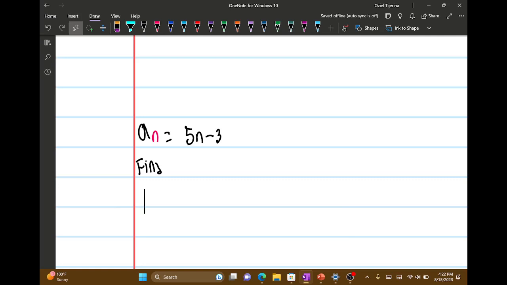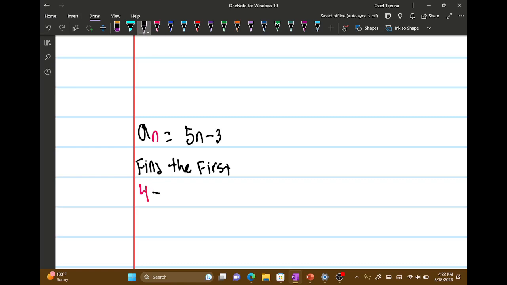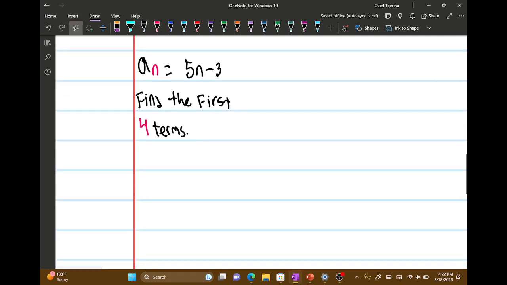So then I say, for example, find the first 4 terms of the sequence. So obviously the way that we would do it is I would say, well, first what's a sub 1?